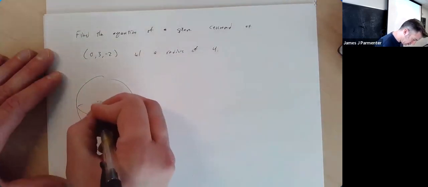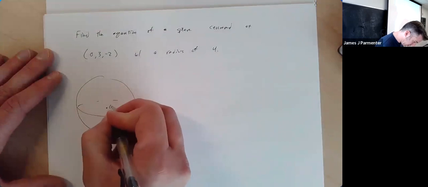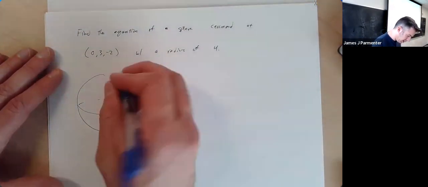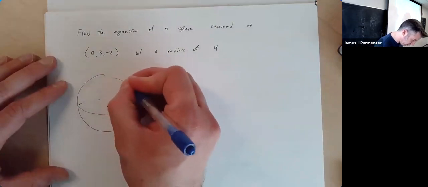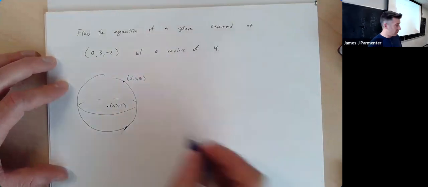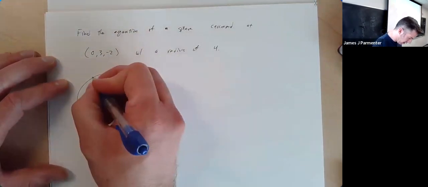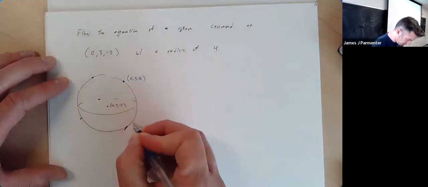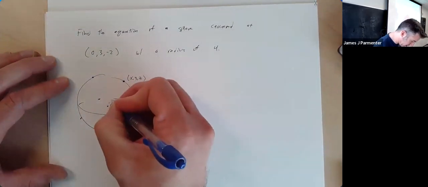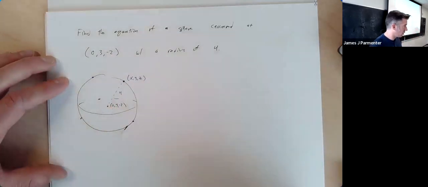Here's my sphere. Here's my center 0, 3, -2. And any point on the surface of the sphere, x comma y comma z, well, I know that whatever point I have, whether it's here or there or there or there or there, the distance between that point and the center has to be 4.